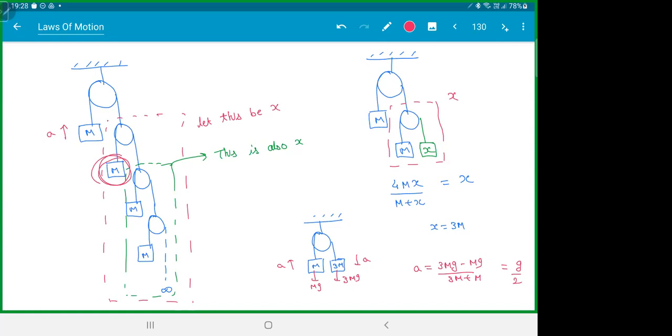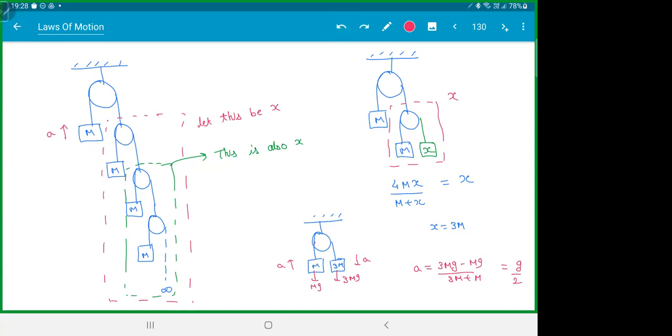Just tell me a logic. Anyone? If they ask you acceleration of this block, second layer, what is the logic? That will be pain.